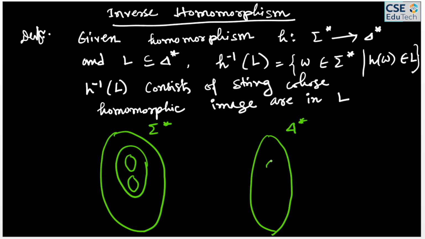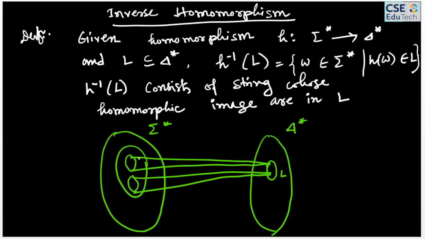Suppose the language L is this. Now a string can map to here or to here. That means the homomorphism of each W belongs to this language L. Homomorphic image of this string belongs to the language L. Clear? And inversely, W is a string generated from sigma star. So inverse homomorphism is basically the set of strings whose homomorphic images are in L.